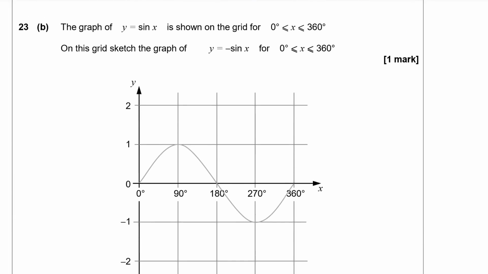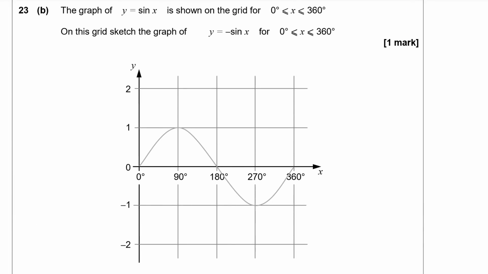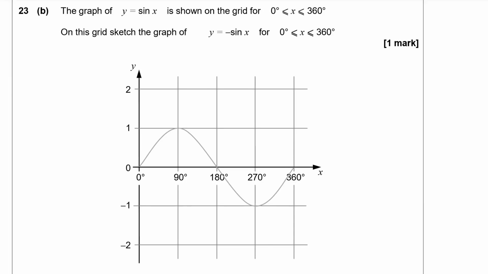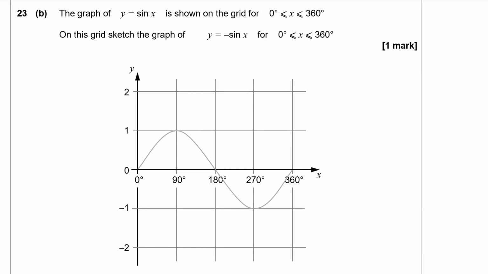Right, what's the next one about? Okay, now this time I need to sketch the graph of y equals minus sine x. So if I've got a graph y equals f of x, and then it goes to y equals minus f of x, then this is a reflection in the x-axis.